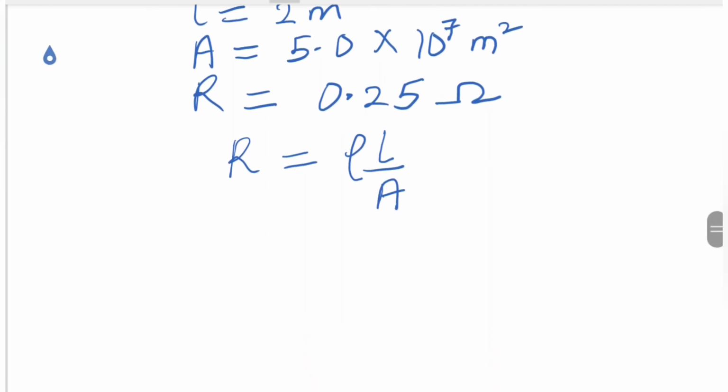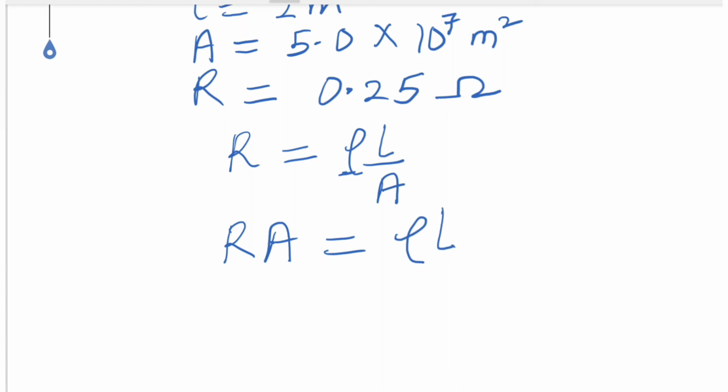So what we are going to do now is make resistivity the subject of the formula. If you cross multiply, you have RA equals resistivity multiplied by the length of the wire.